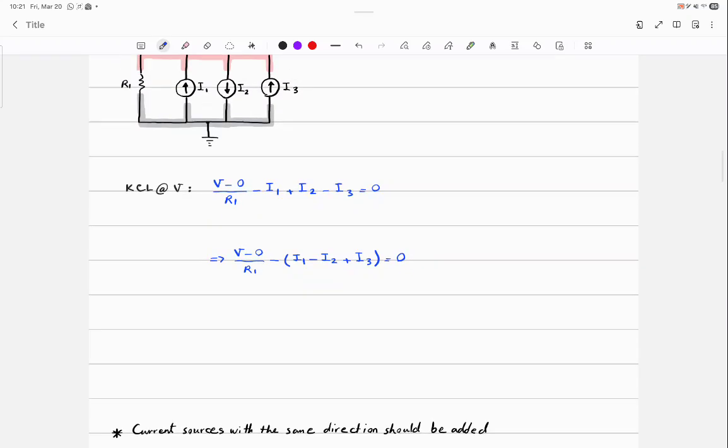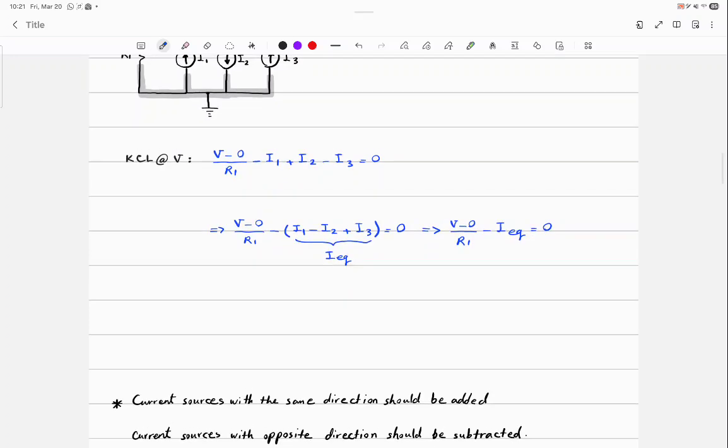Can you suggest a circuit for the, let me actually call this IEQ, minus IEQ is equal to 0. Can you suggest a circuit for the last KCL equation?